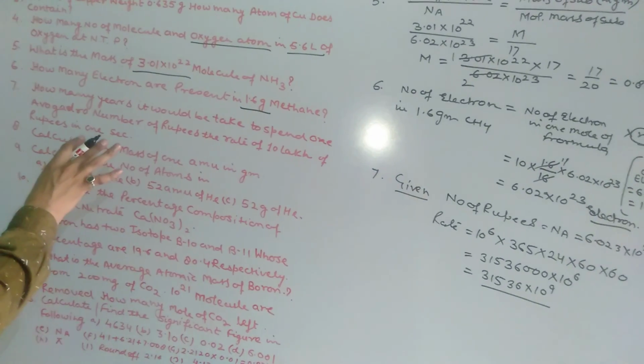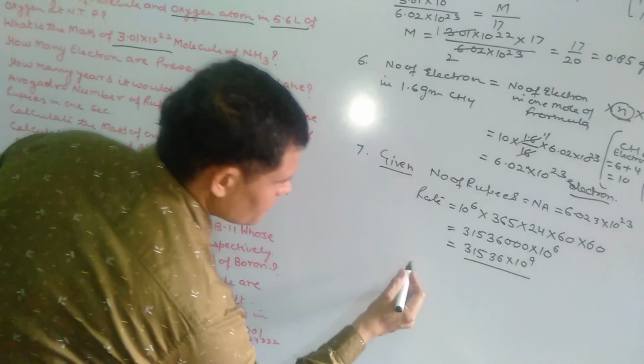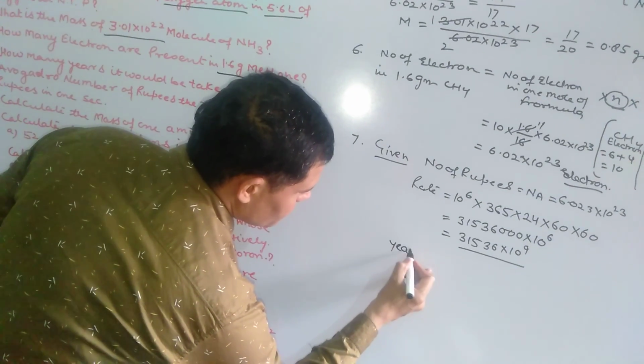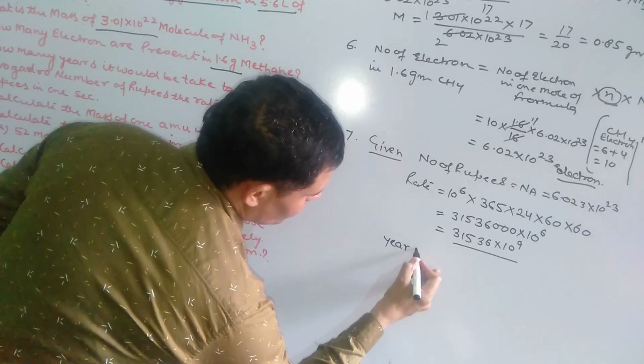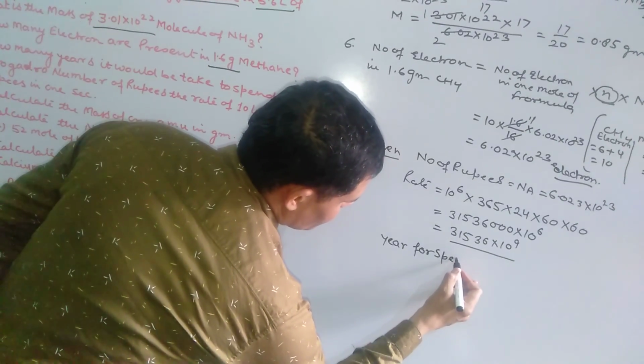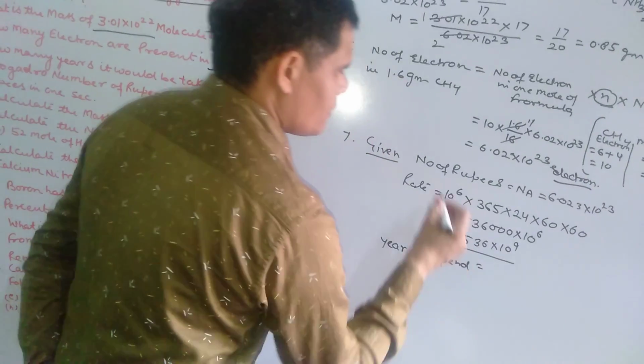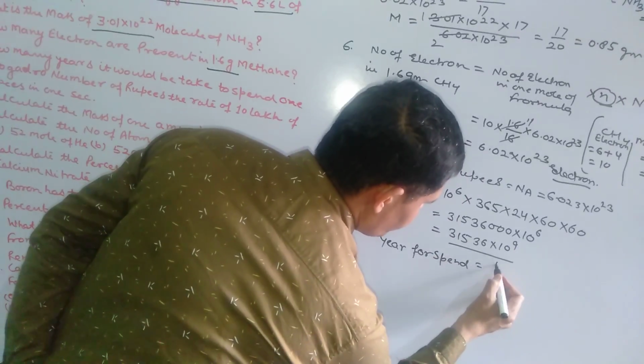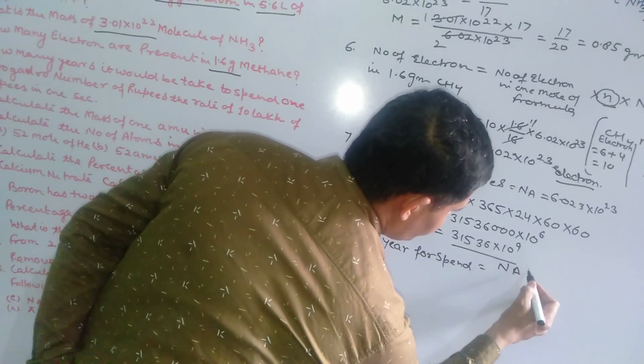He wants to calculate how many years for spending will be equal to number of rupees, Avogadro number of rupees.